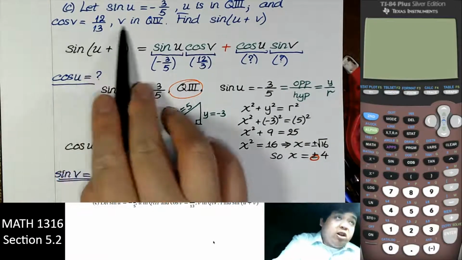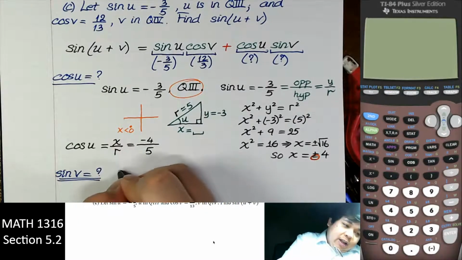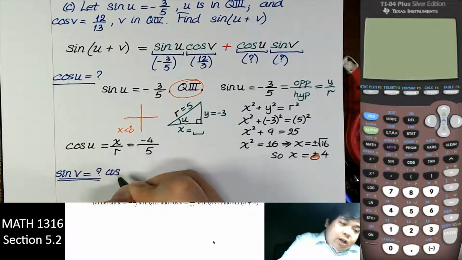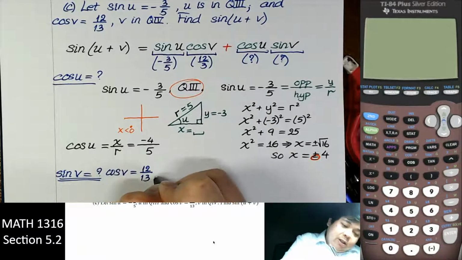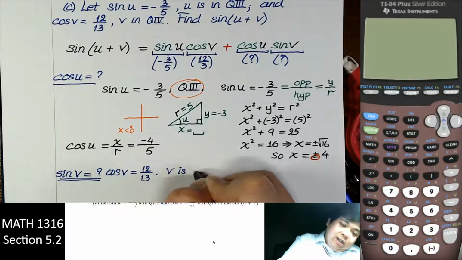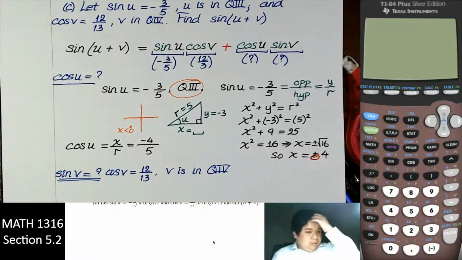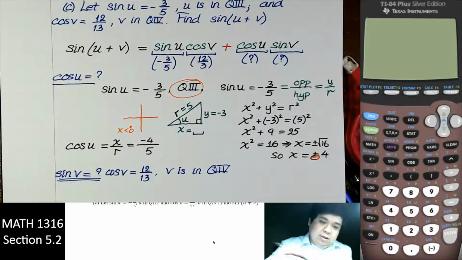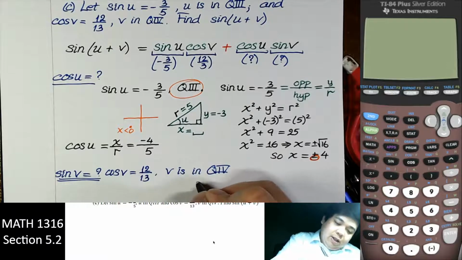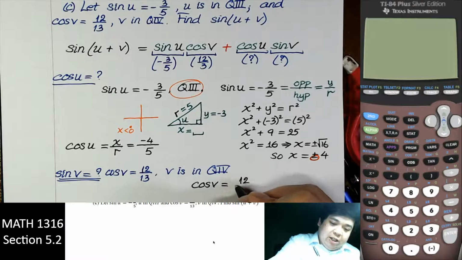And we use the information given for v, knowing that cosine of v is 12 over 13, and v is in quadrant 4. Right, so cosine of v is 12 over 13.